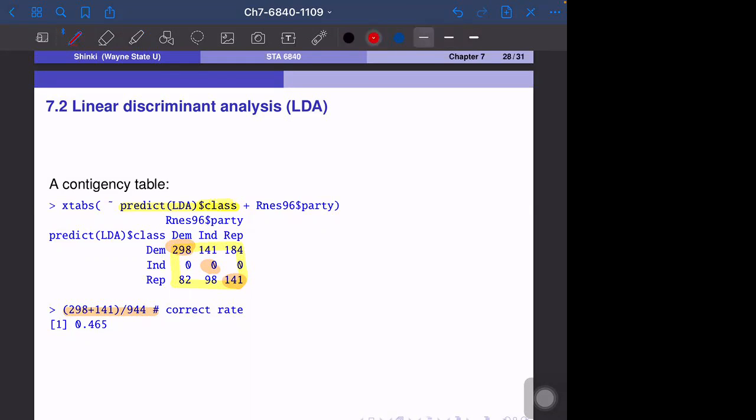The typical case for linear discriminant analysis for three groups is: group one around here, group two around here, and group three around here. And then the separation is like this.